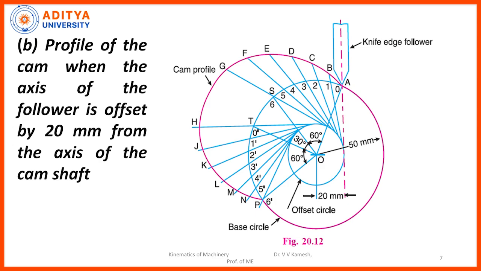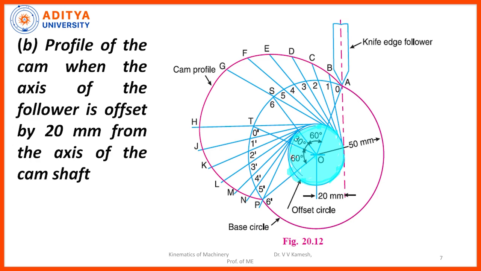Some of the procedure will be the same: identifying the center and drawing the base circle. For your understanding, I am making it completely in blue color. This is the base circle. Now the first thing I need to identify is where to start the cam profile, that is called a trace point.